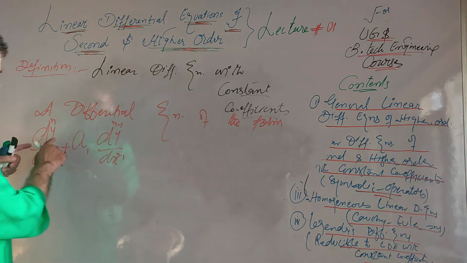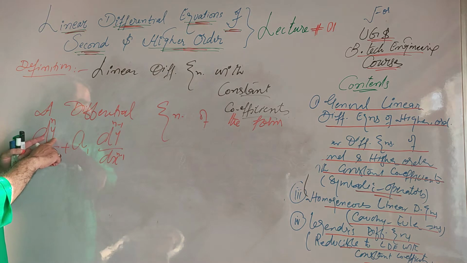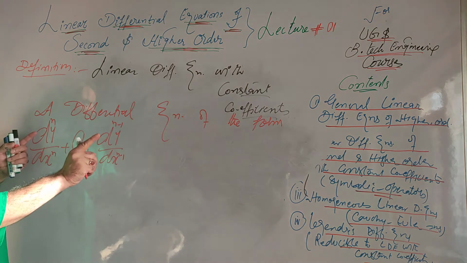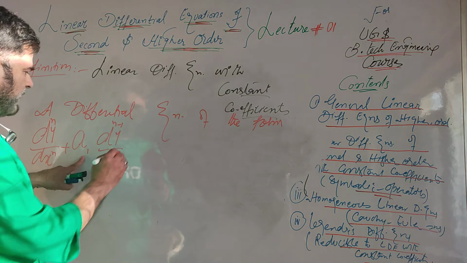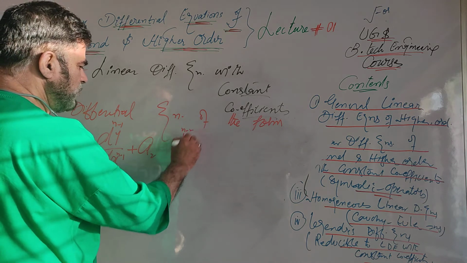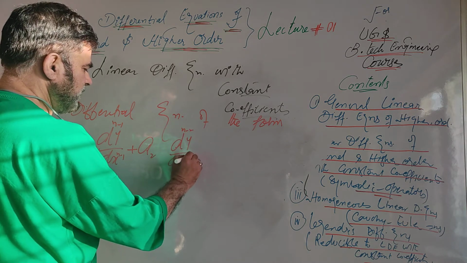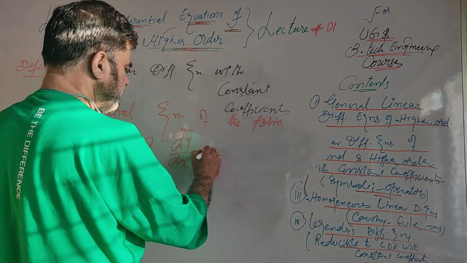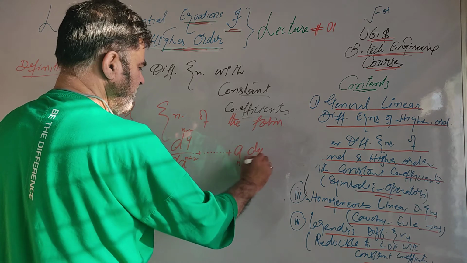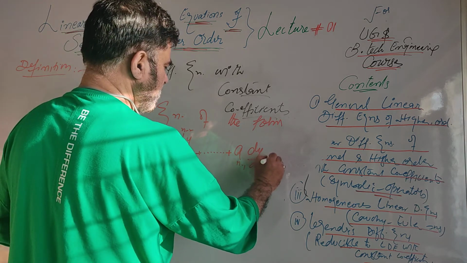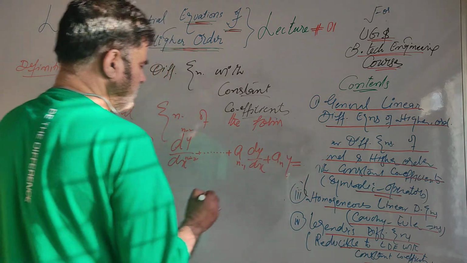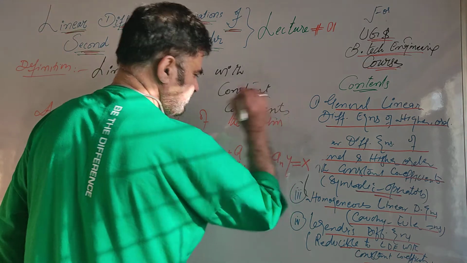You are observing that here y is of first degree everywhere. Wherever you get y, it is first degree, not multiplied with any derivative. Plus a2 d^(n-2) y/dx^(n-2) plus and so on, plus a(n-1) dy/dx plus an y is equal to X.